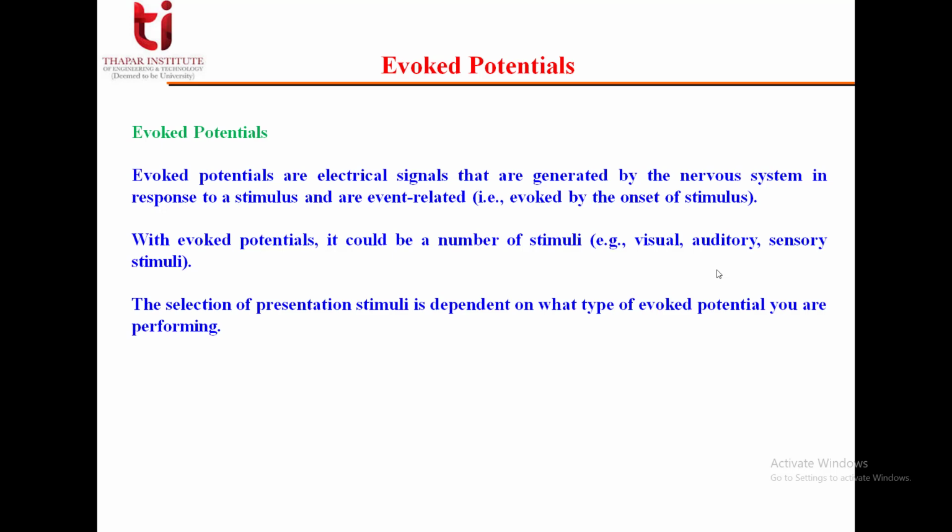The selection of presentation stimuli depends on what type of evoked potential you are performing. So evoked potentials are mainly useful in diagnosing a variety of neurological disorders. So let's now move towards auditory evoked potentials, that is, mainly when the stimulus is an auditory kind.